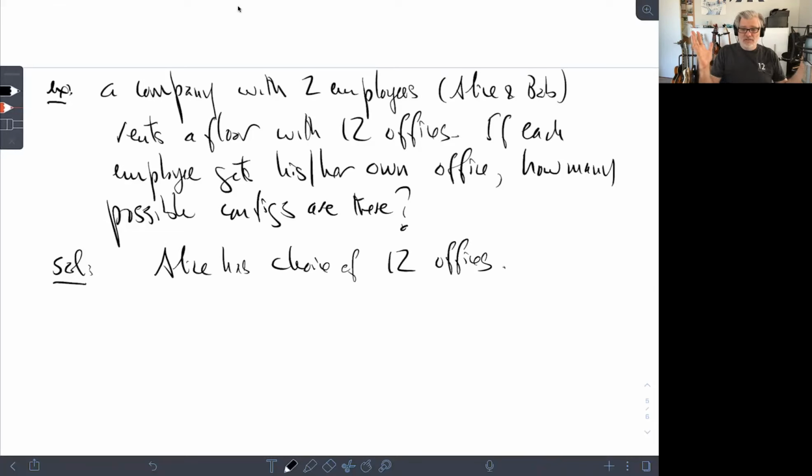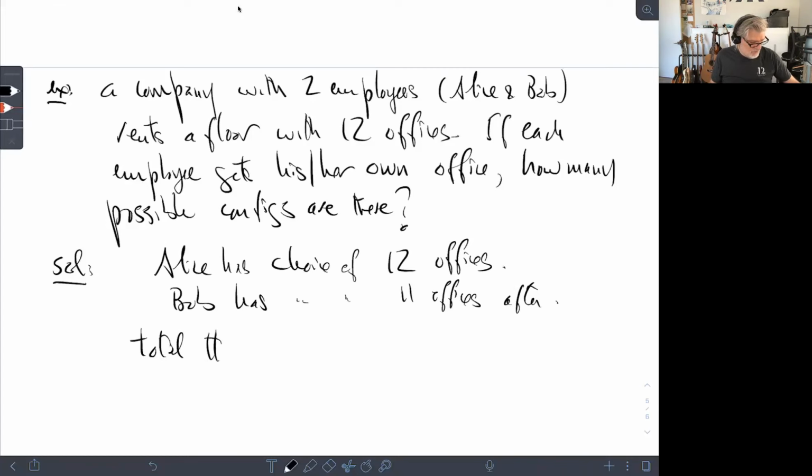Once Alice has her office, Bob now has 11 choices. So the total number of possible assignments of offices to Alice and Bob is 12 times 11. I hope you can visualize this. Is that okay? Yeah? All right.